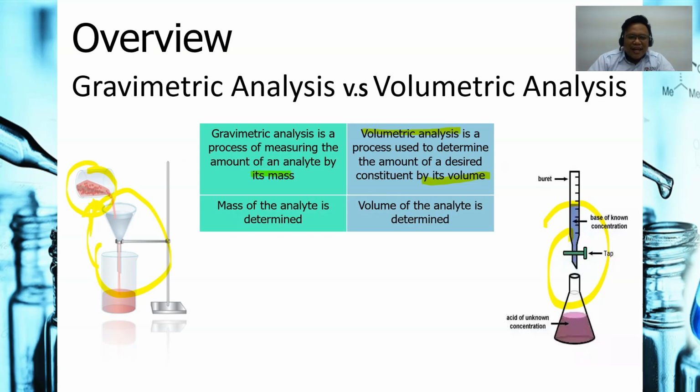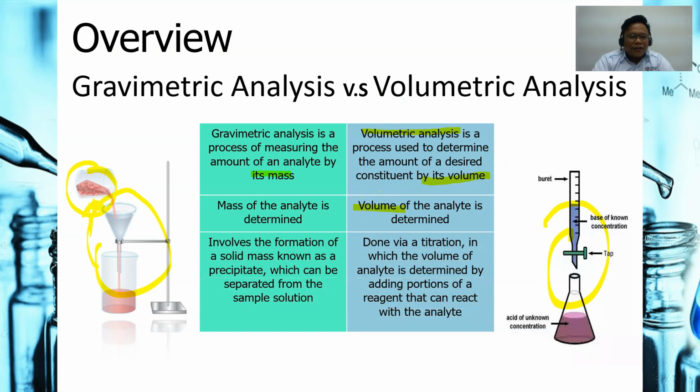Next, in GA, the mass of analyte will be determined, while in VA, the volume of analyte will be determined. As I said, gravimetric analysis involves the formation of a solid mass, which we call a precipitate or product, which can be separated through the filtration process.